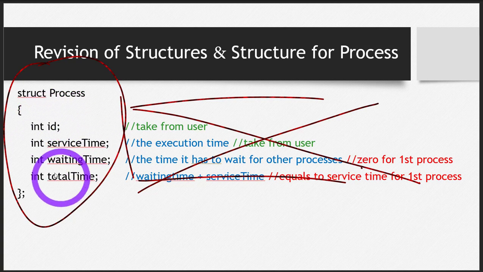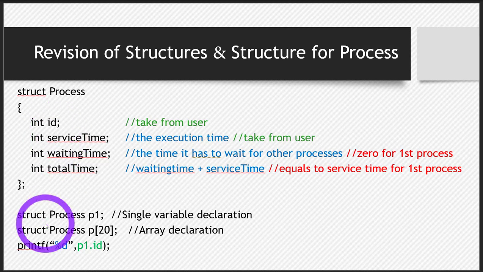And then right now, we have 4 members: ID, service time, waiting time, and total time. And these are all those times that we discussed a while ago in the previous slides. Okay, let's see how do we declare a variable of structure. So for that, we write the keyword struct, and then we write the name of our structure, and then the name of our variable.